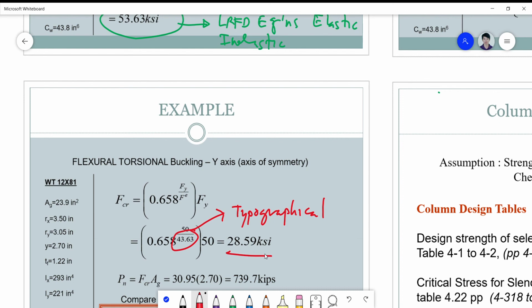Let's check kung makukuha yung 28.59. You have a calculator. Check natin, no? 0.658, 50 divided by 28.59.